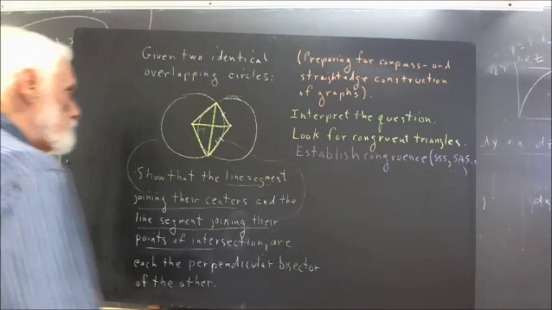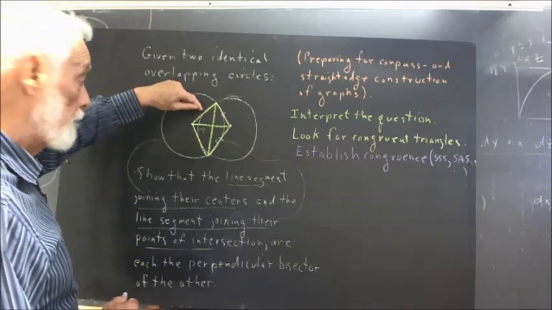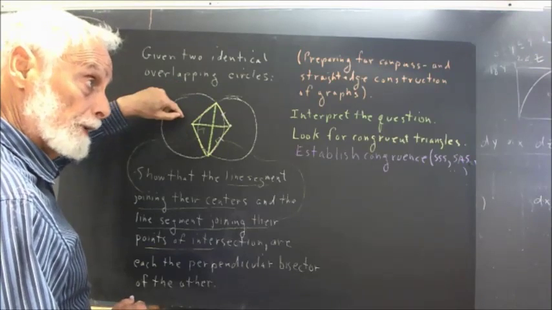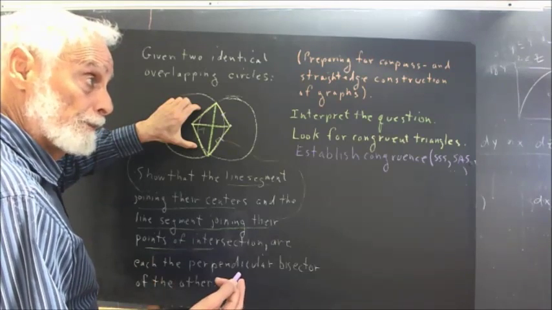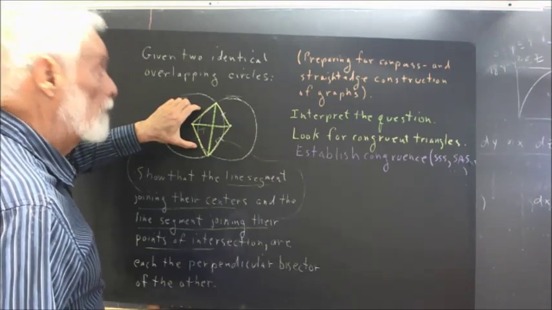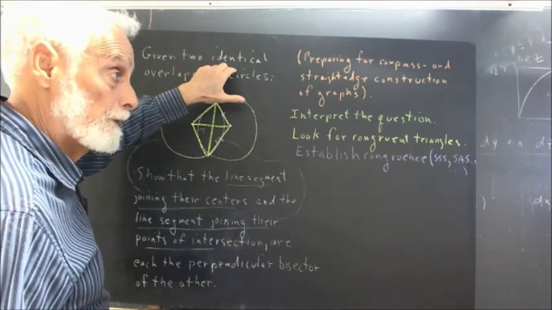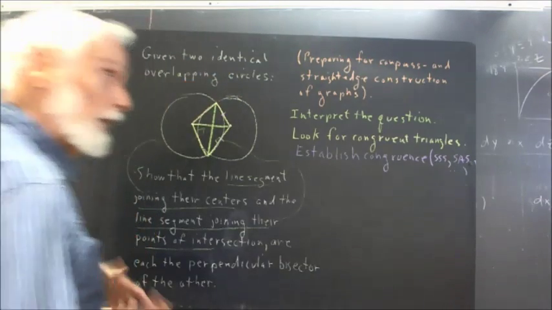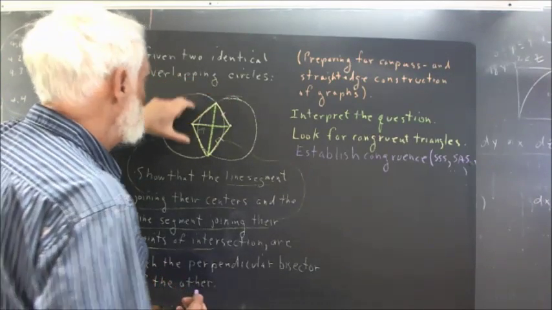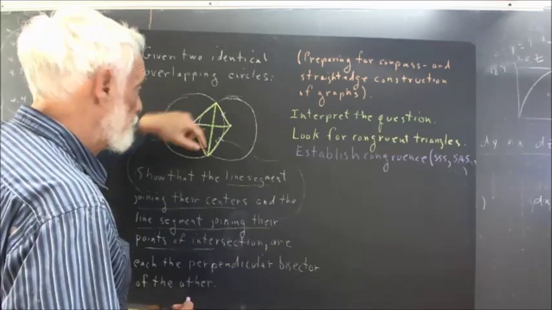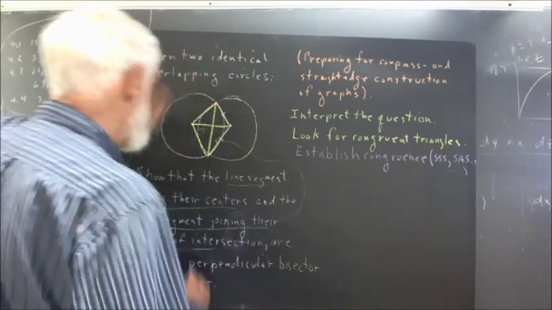Well, what else? This side is a radius of this circle, and so is this side. So these 2 sides are equal. And what's that tell you? And furthermore, these circles are identical, which means they have the same radius, so each of these sides has to equal either of these sides.